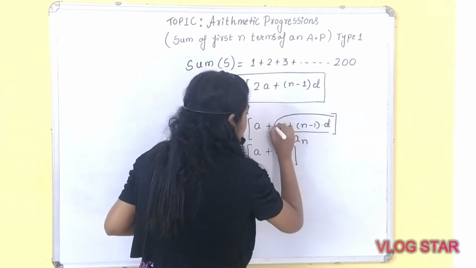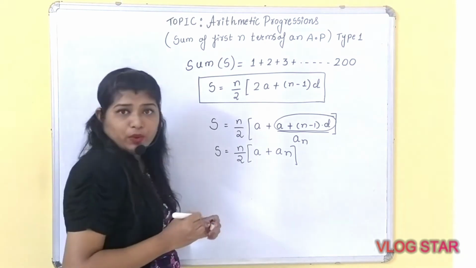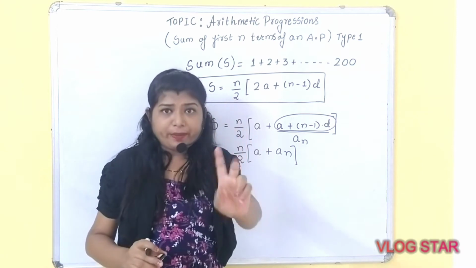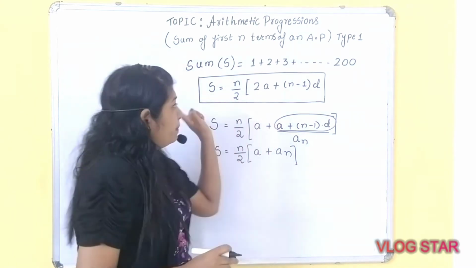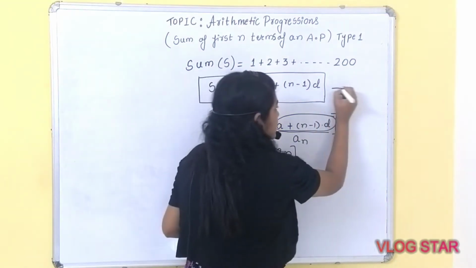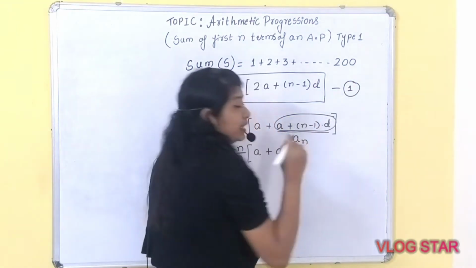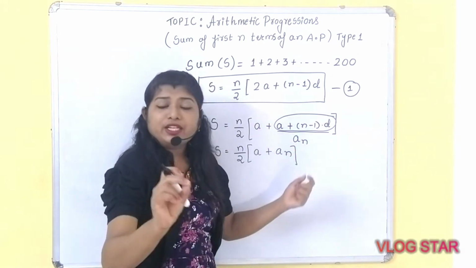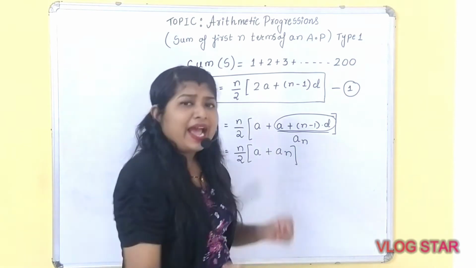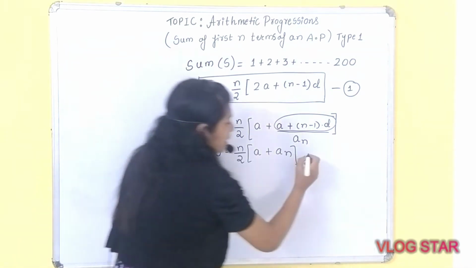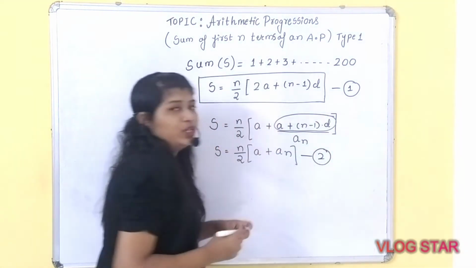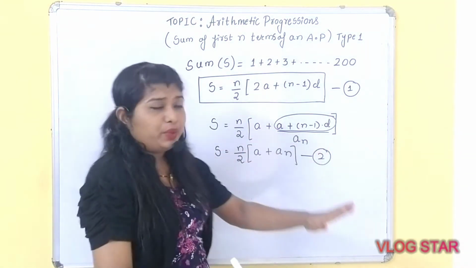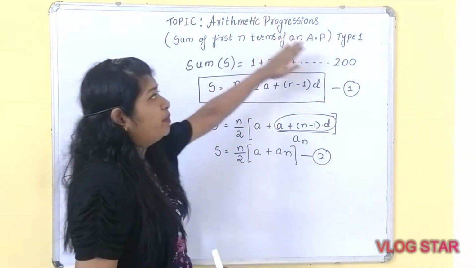I hope you have understood the second formula. You can solve this problem by two methods. The first is simply using the first formula. The second is, you first find the value of an, that is the nth term, and then substitute it in formula number 2. I hope you have understood both formulas related to the sum of the first n terms of an AP.